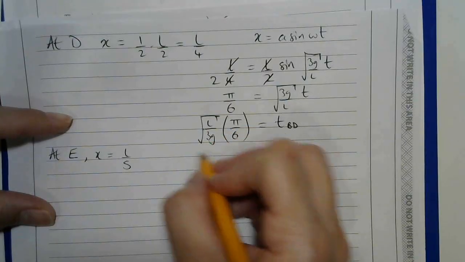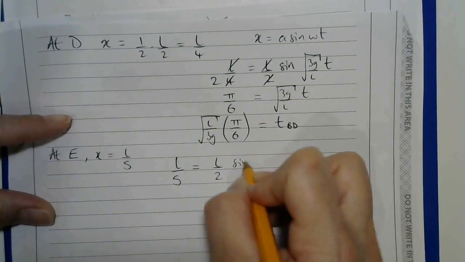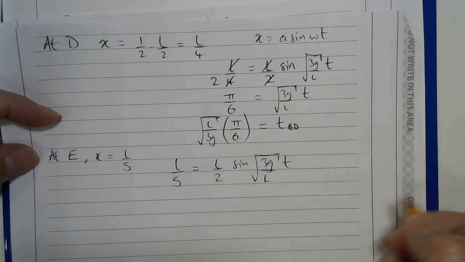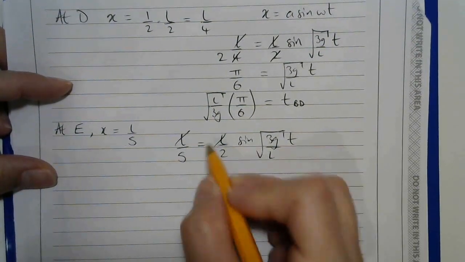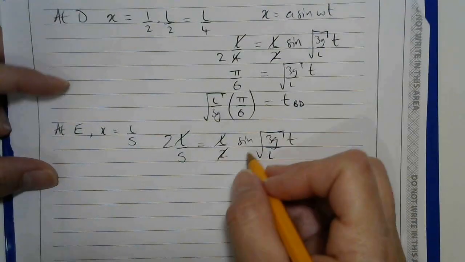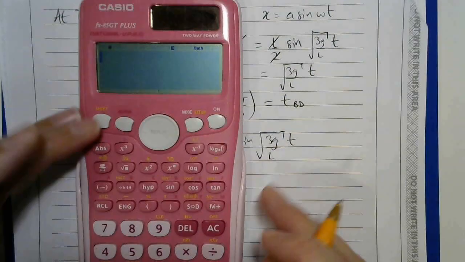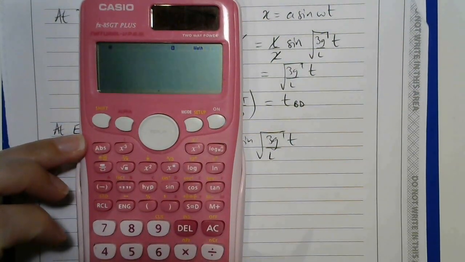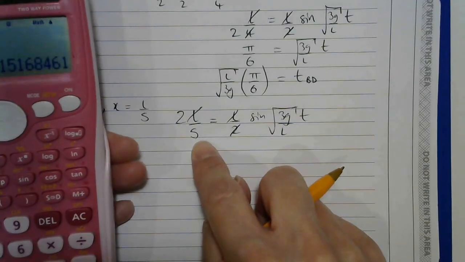So this time I get L over 5 equals L over 2 sine of root 3g over L multiplied by t. So dividing both sides by L, multiplying both sides by 2, I get this. So then I'm going to do inverse sine of 2/5. So inverse sine of 2/5 gives me this answer, which is not very easy to write in terms of pi.